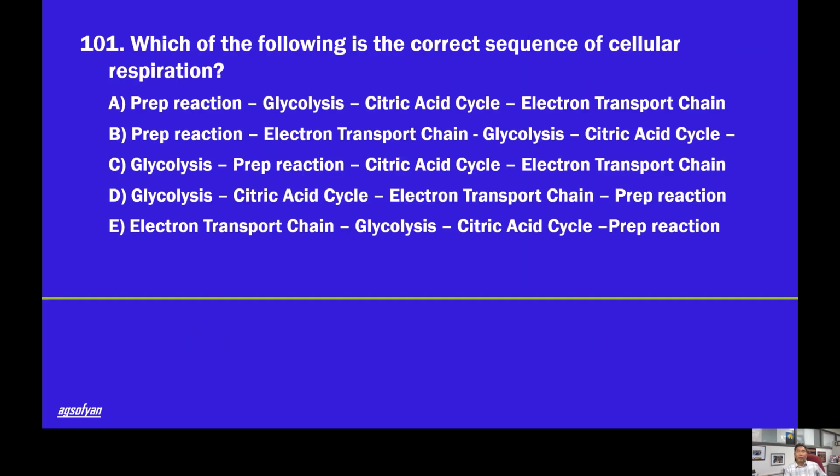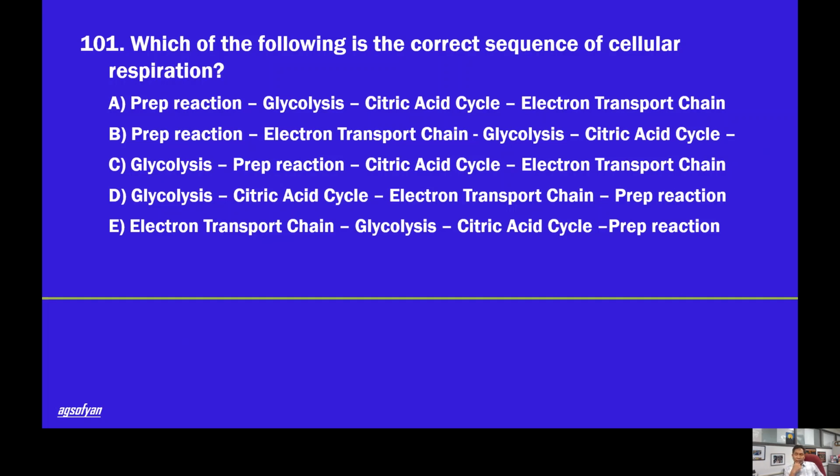101. Which of the following is the correct sequence of cellular respiration? A. Prep reaction, glycolysis, citric acid cycle, electron transport chain. B. Prep reaction, electron transport chain, glycolysis, citric acid cycle. C. Glycolysis, prep reaction, citric acid cycle, electron transport chain.